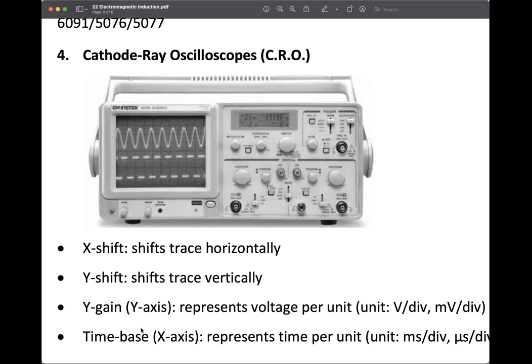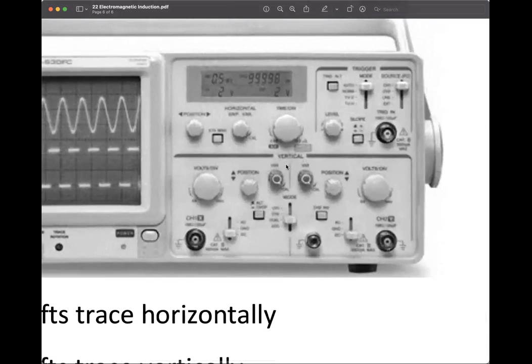Is that clear? So how do you actually use this thing? There are two waves you can observe, on the left and on the right. Basically you bring your signal and plug it into channel 1, and here is channel 2. Ignore channel 2, I'm talking about channel 1.